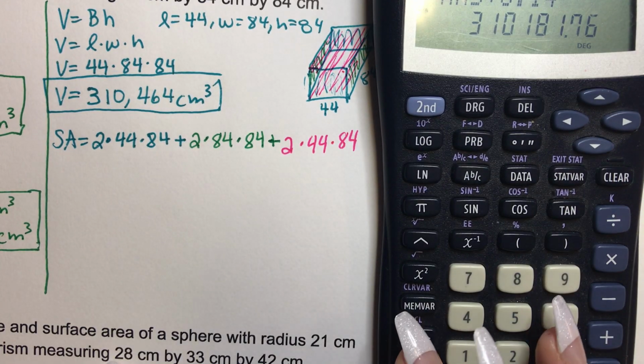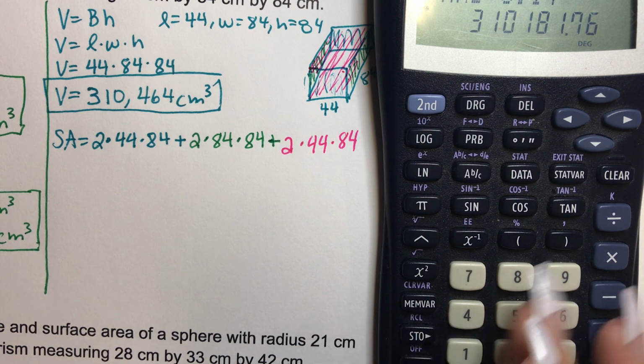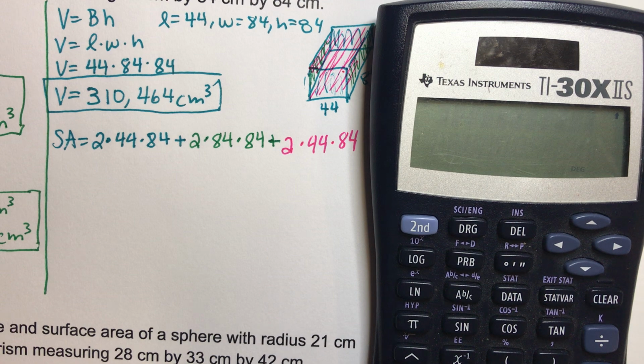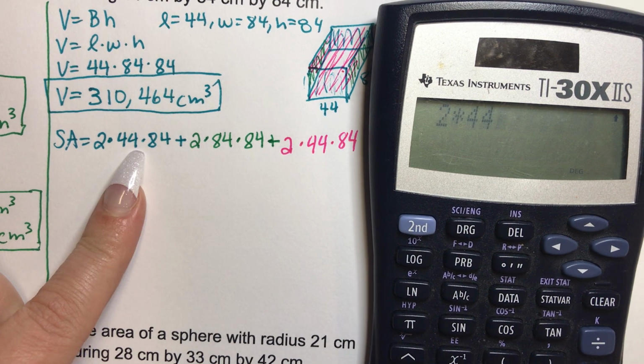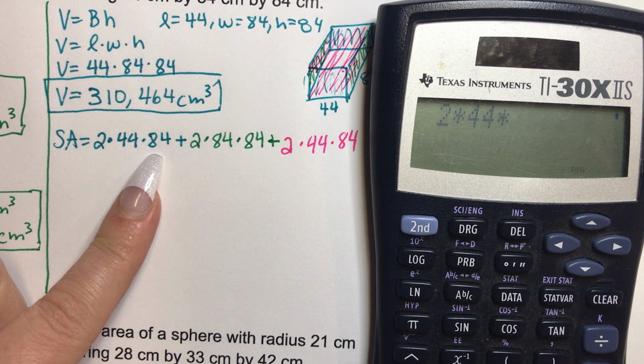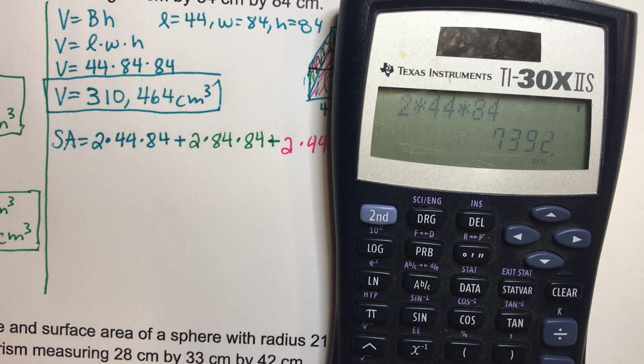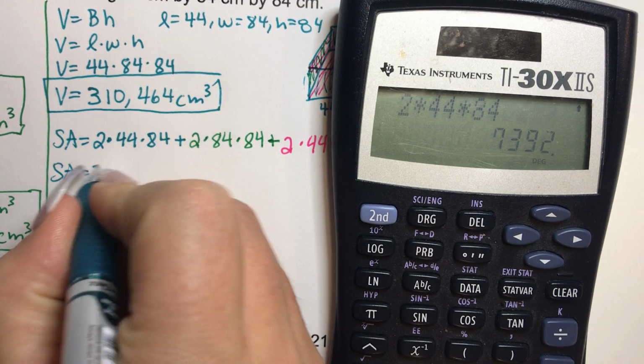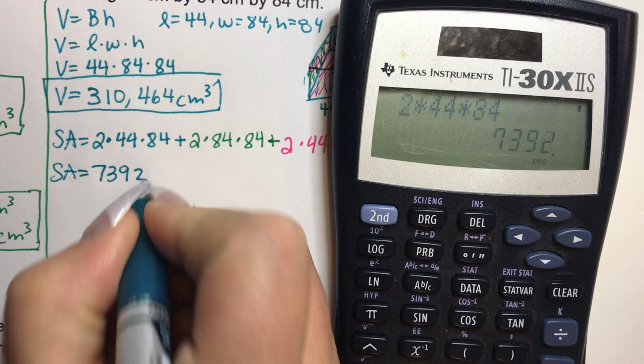So I'm going to move this over. We're going to clear that out. Clear, come on now. Where do you clear it out? Okay, there we go. So the first one, 2 times 44 times 84 equals, that surface area equals 7,392.